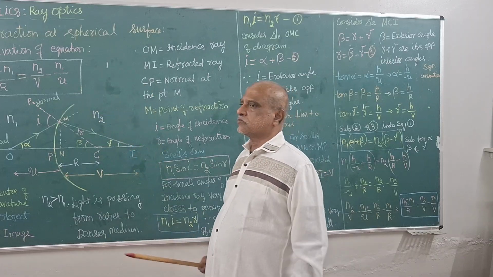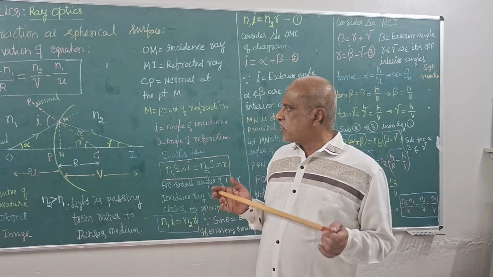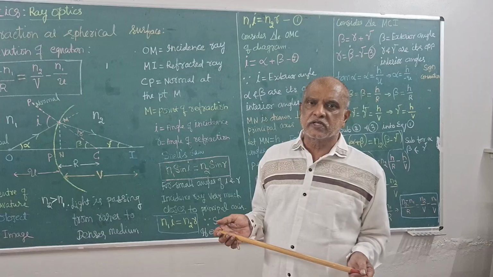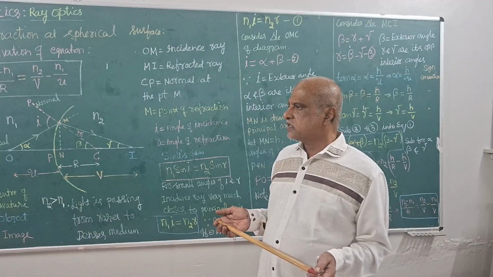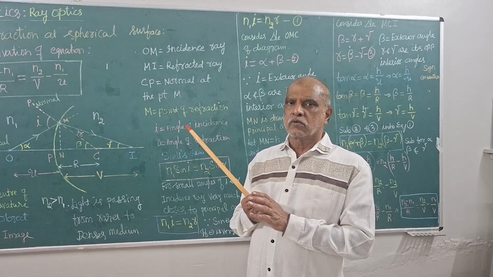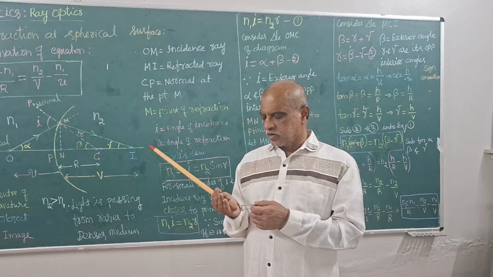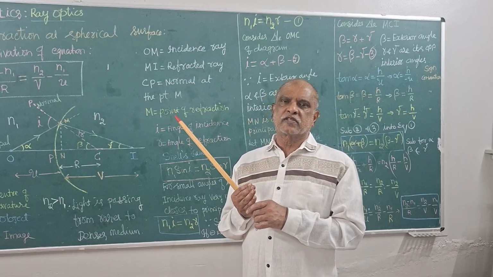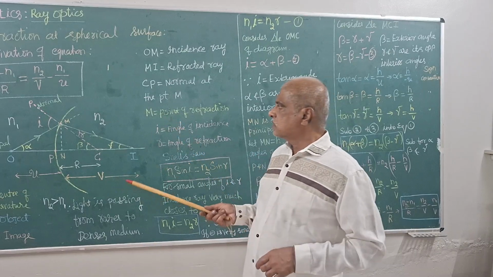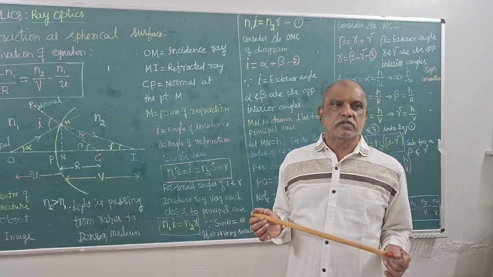This equation plays an important role in the functioning of lenses in optical instruments. A lens may be a combination of two spherical surfaces, or it may be a combination of one spherical surface and one plane surface. And these lenses are used in the construction of optical instruments.